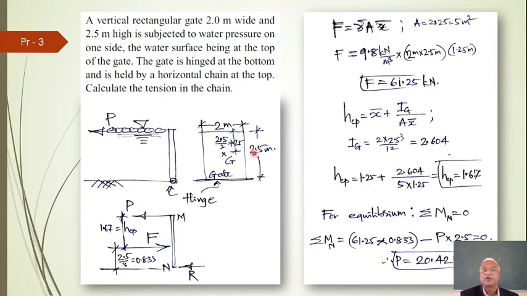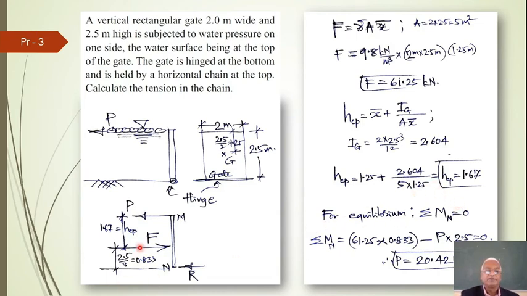X bar is 1.25 plus 2.604 divided by area, that is 5, multiplied by x bar, 1.25. So if I simplify, HCP is equal to 1.67 by formula also. But if the surface of water is joining the edge of the plane lamina, then directly one can put it as, from the bottom it is h by 3, from the top it will be 2/3 of h.